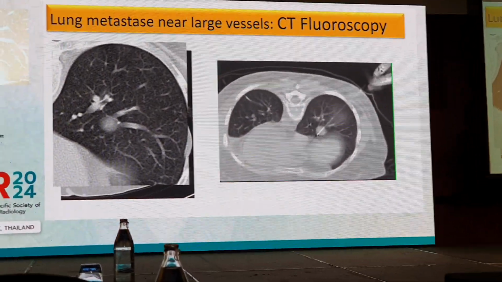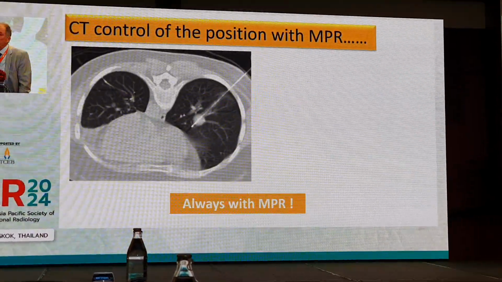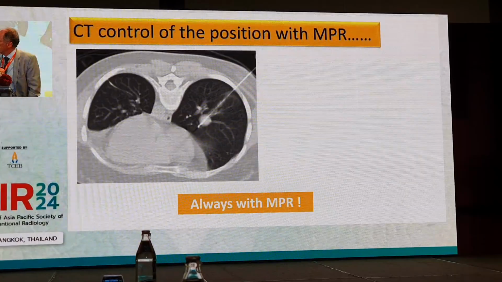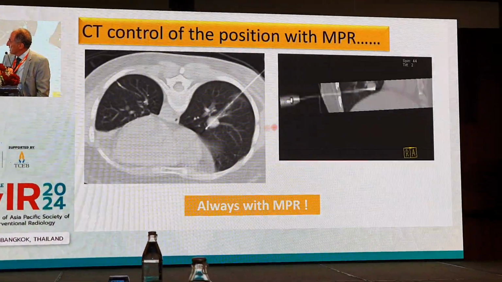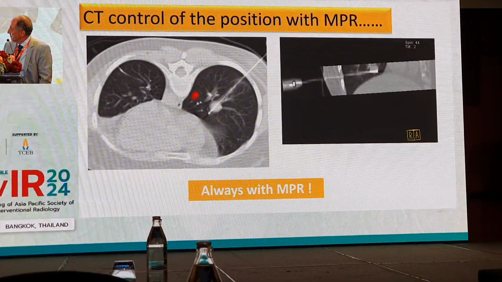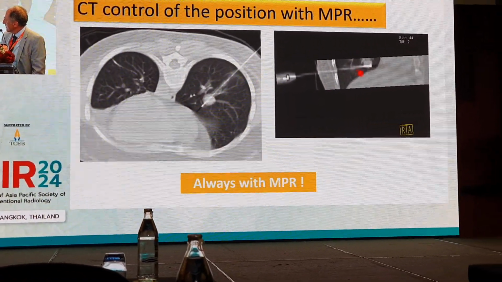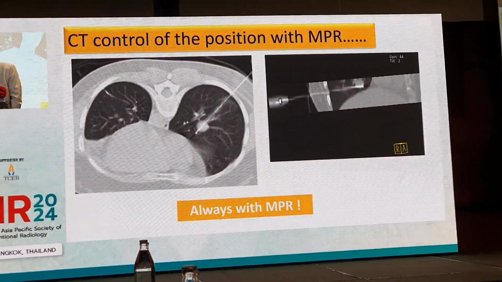It is very easy, fluoroscopy, but I would strongly recommend one thing: always control the position of your electrode with MPR after placing it. In this example, it seems very good, perfect, just between the vessels, but you see that the position is not really optimal, it's at the bottom of the tumor. You have two possibilities in that case.